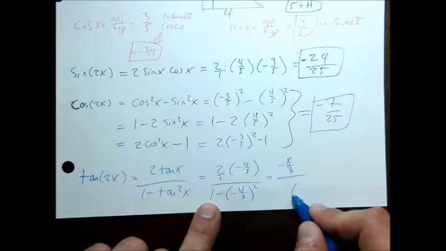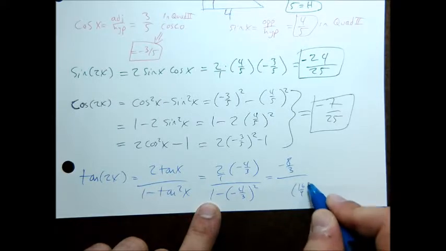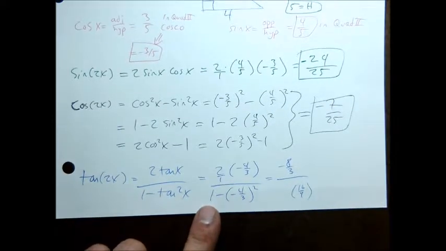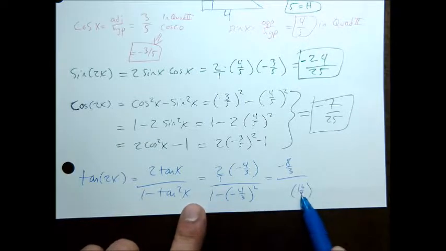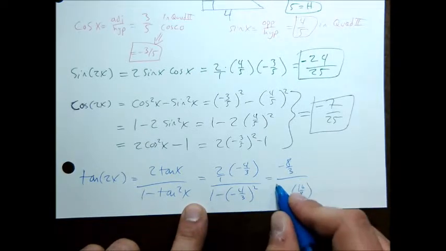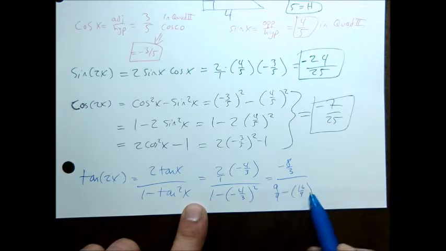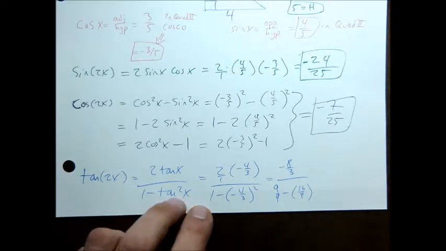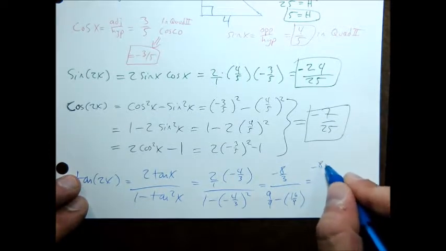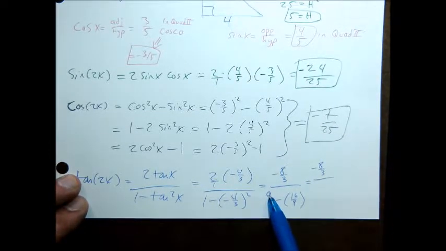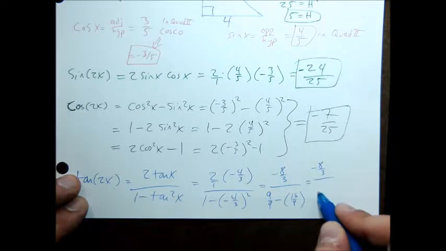So that becomes positive 16 over 9. And if we want to do 1 minus that, we need to change the 1 into the common denominator of 9. And so we change the 1 into 9 over 9. And that lets us have a common denominator, and then we can do the subtraction. Right, so then we subtract. We do 9 minus 16, which is minus 7 over 9.